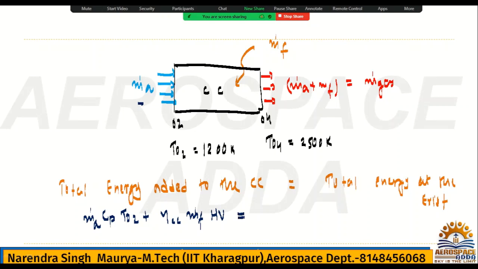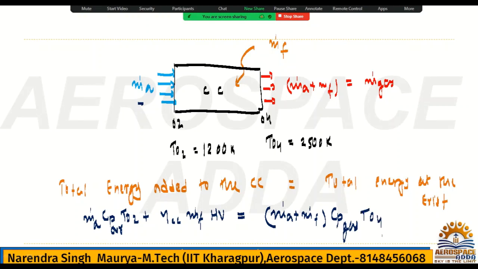And what is the exit? The exit is nothing but the mass flow rate at exit, m dot a plus m dot f, into Cp. Obviously this is Cp of gas and this is Cp of air. There should not be any confusion. And at this end, what is the temperature? T04.